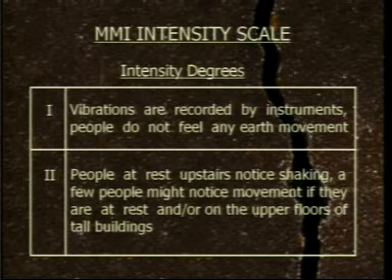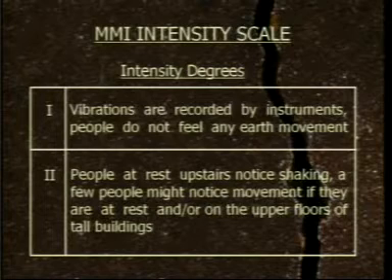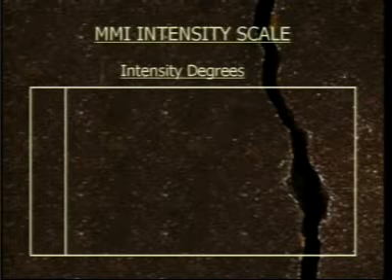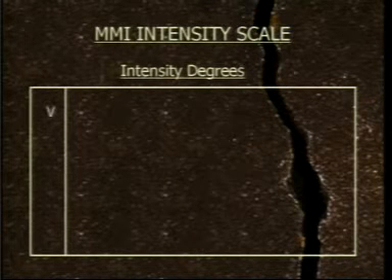A few people might notice movement if they are at rest or on the upper floors of tall buildings. Similarly, intensity 3 and intensity 4 are similar to the MSK scale. Let us see intensity 5.